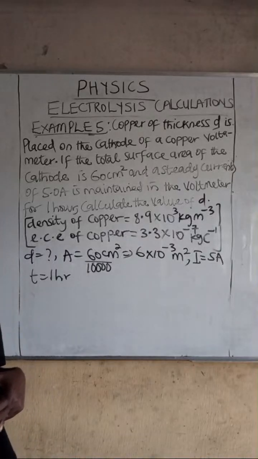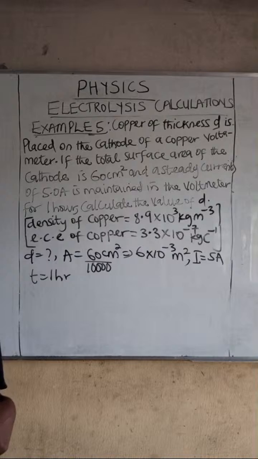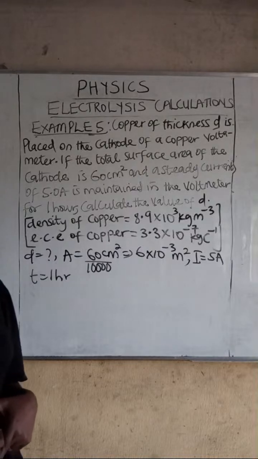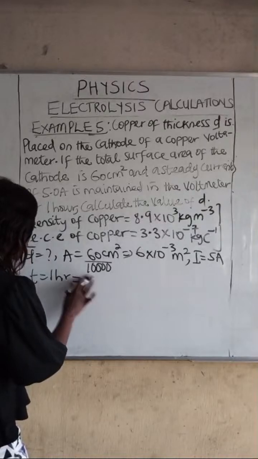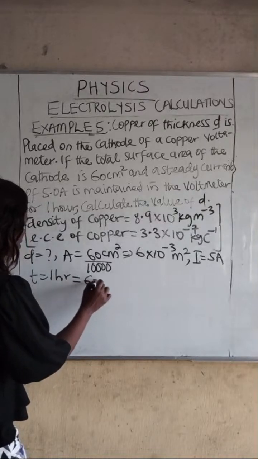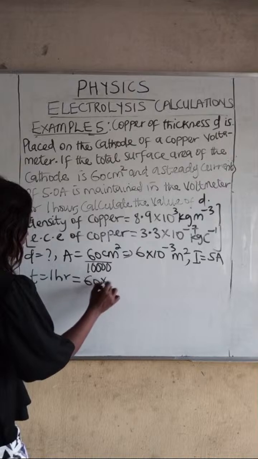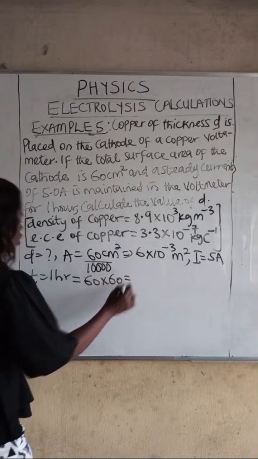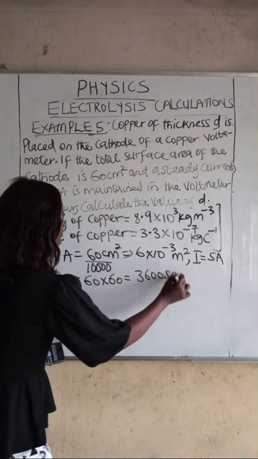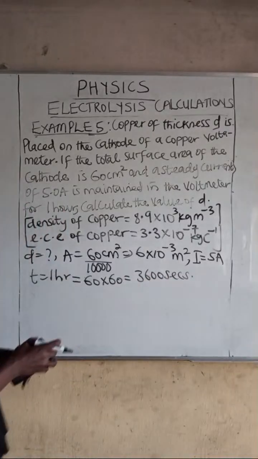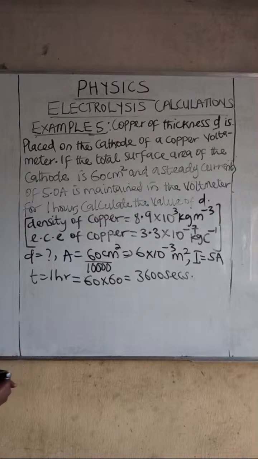To convert those minutes to seconds, we also multiply by 60. So 1 hour is equal to 60 minutes times 60 seconds, which will give me 3,600 seconds, right?